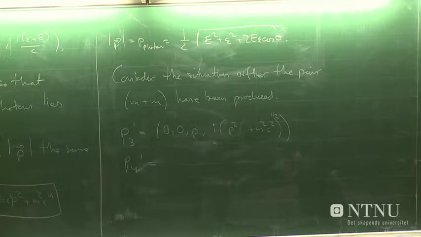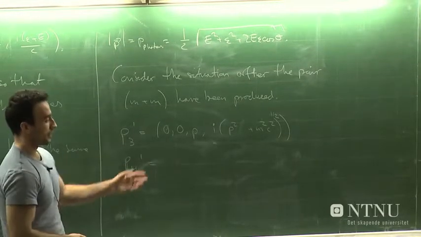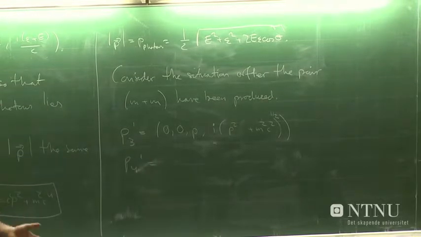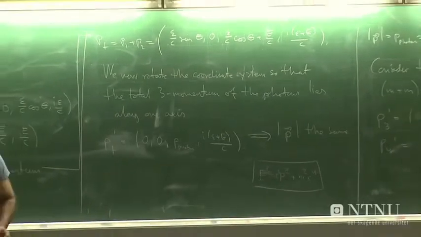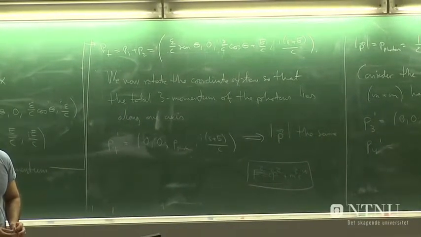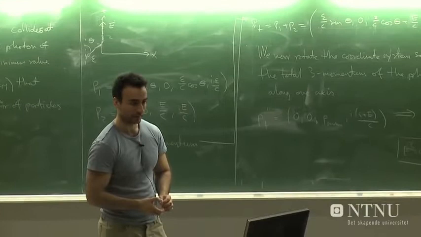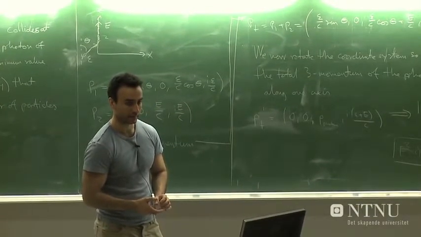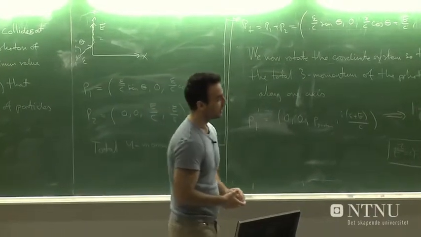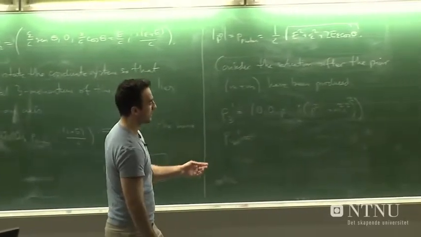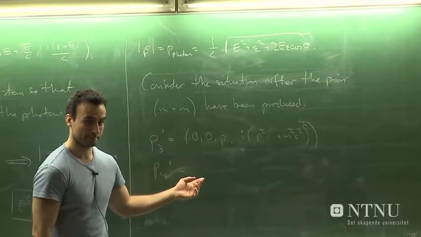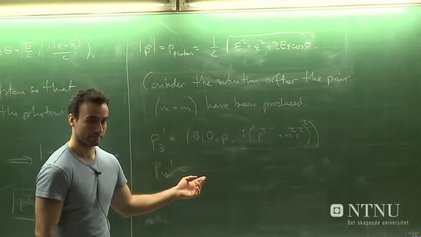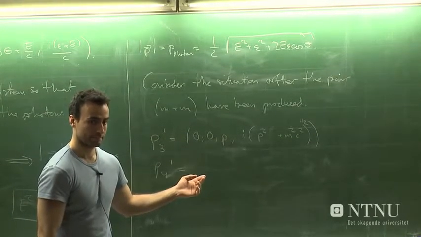That was the definition. Now, obviously, we're not dealing with the center of mass system here because we have a finite momentum. But if they're supposed to be at rest in the center of mass system, what does that say about the momentum of the two particles? It has to be opposite to the P3 particle.